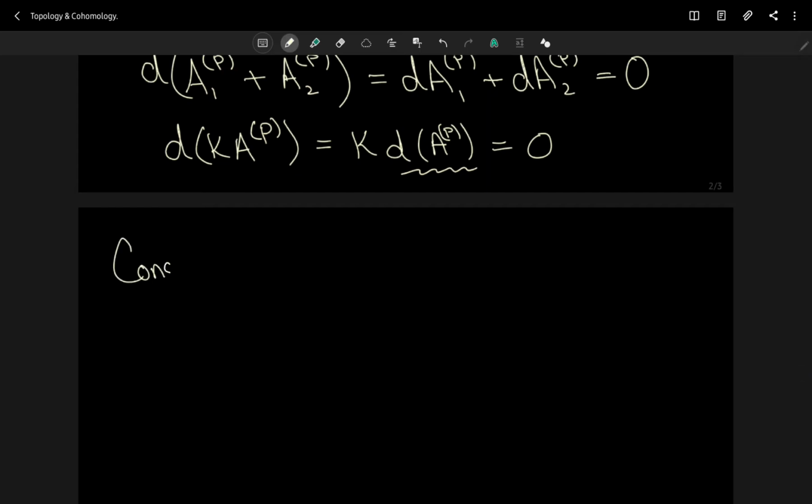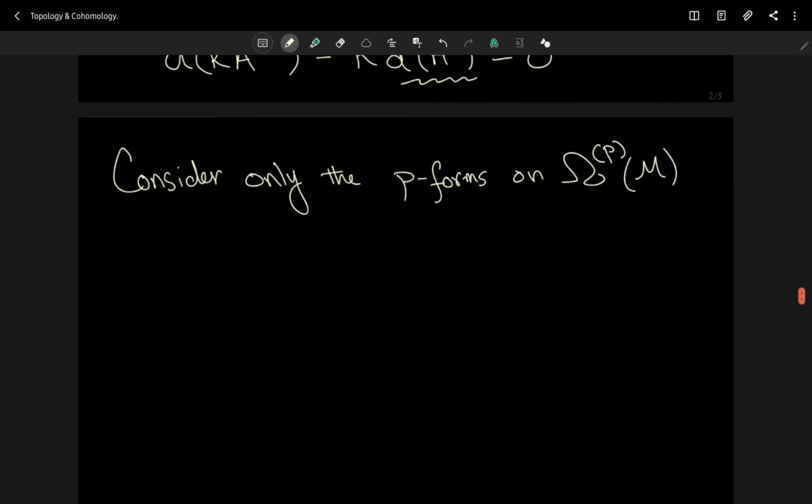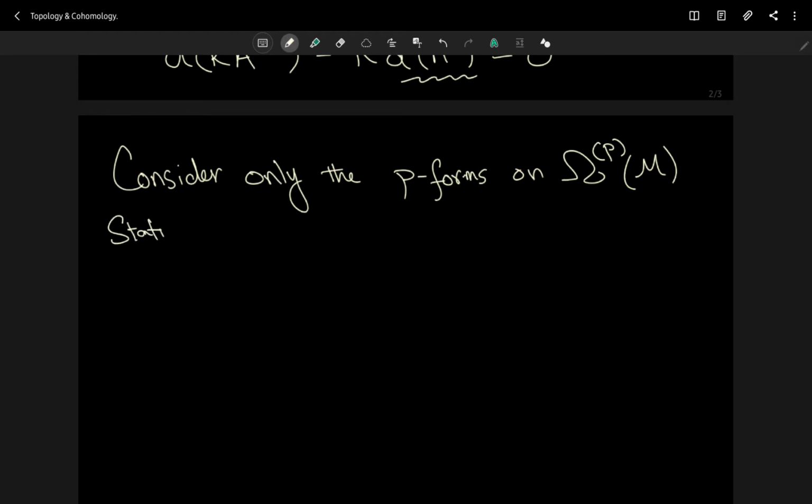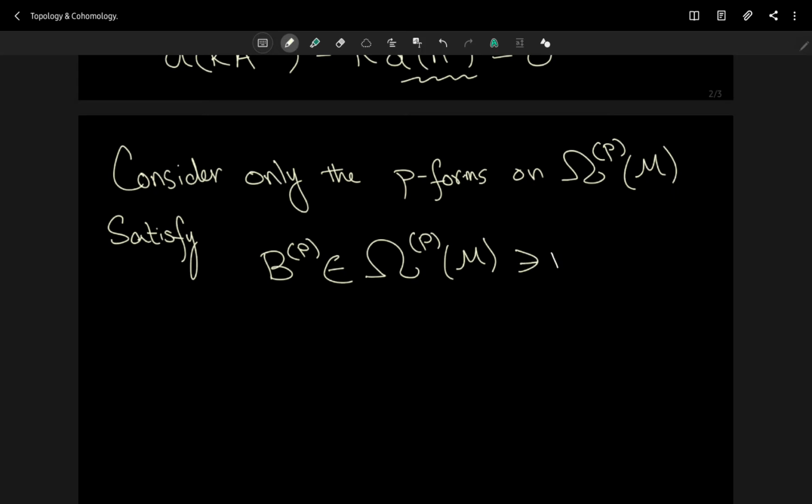So next one is consider only those P forms on this space which satisfy this thing, that this P form, so we are choosing some other variable for defining this type of set, belongs to your space and is such that this B of P, this P form, is equal to the exterior derivative of some other form, a P minus 1 form.